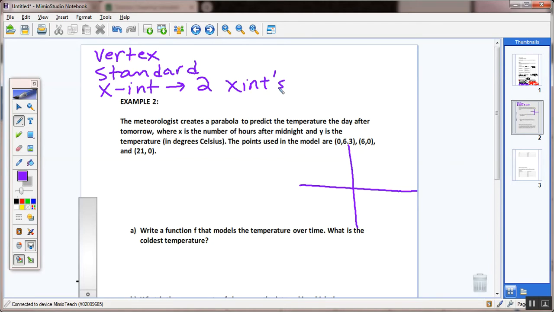Okay, so what were the 3 points that this meteorologist was using to make a prediction about tomorrow's temperature? Which was the first point, kids? 0, 6.3. That's this point right here. Next one. 6, 0. Ooh.